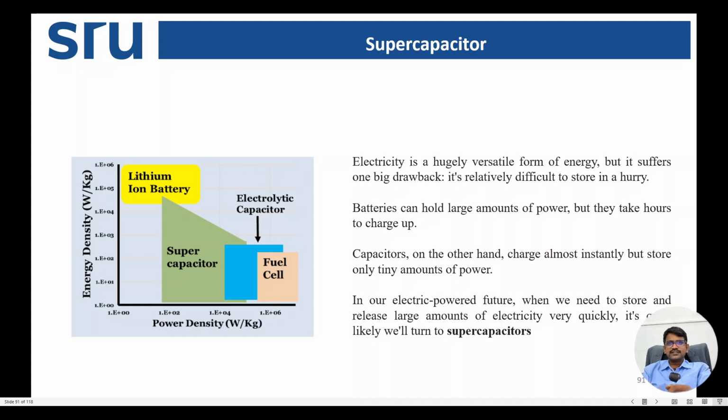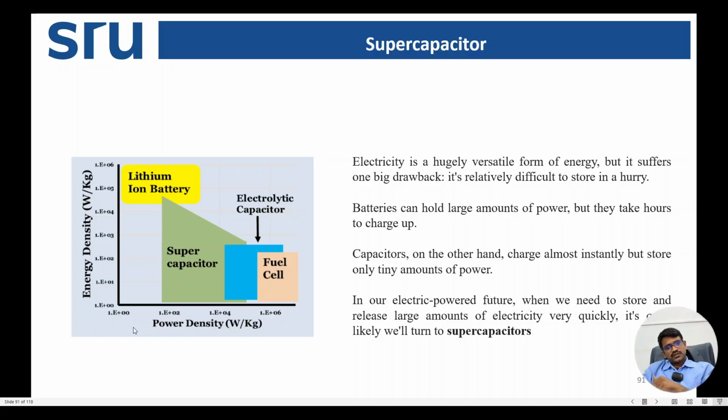Then I will briefly introduce supercapacitors, and further we will go in depth into them. The fundamental thing is that the supercapacitor is in between a capacitor and a battery.